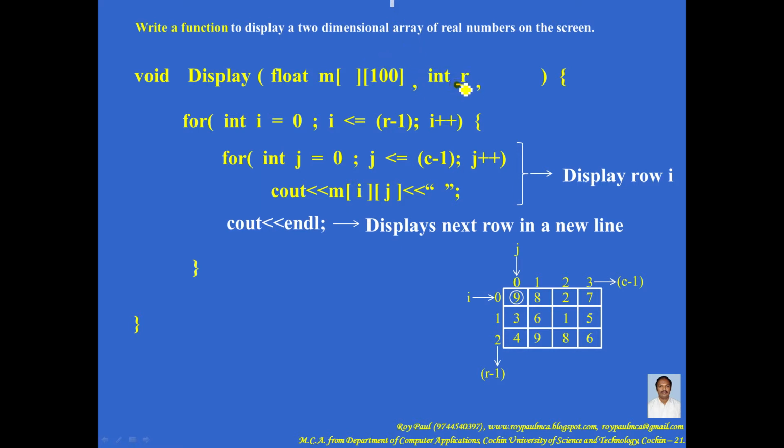Then number of rows must be passed, number of columns must be passed. So it can be taken as a rule. Usually in problems connected with two-dimensional array, you need to pass the two-dimensional array, you need to pass number of rows, you need to pass number of columns. Now let me iterate this code for a better understanding.